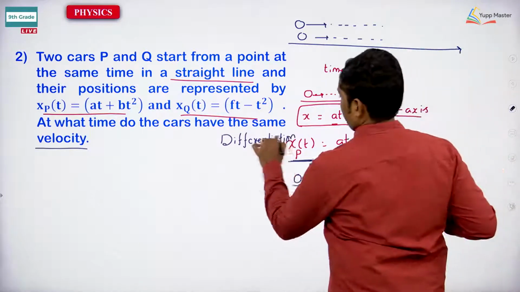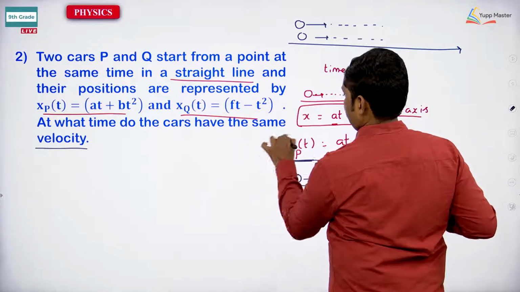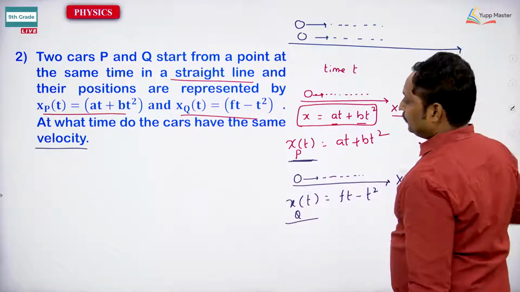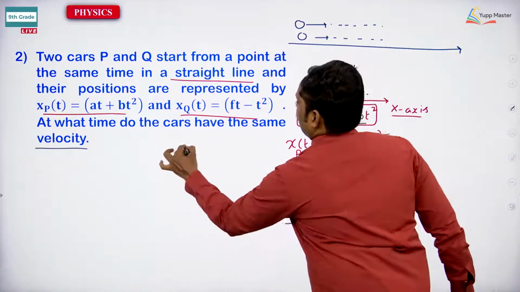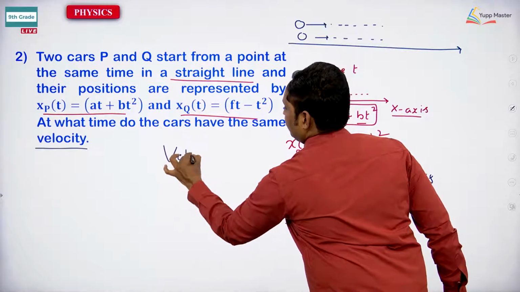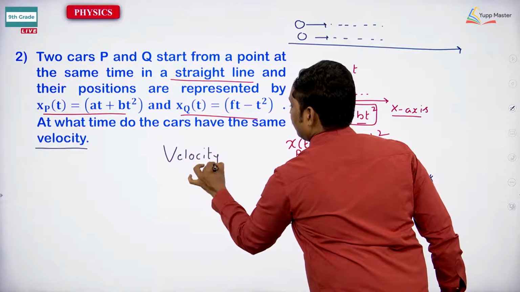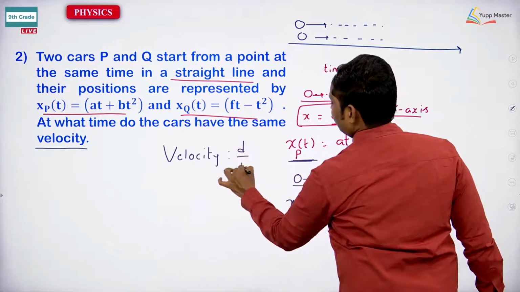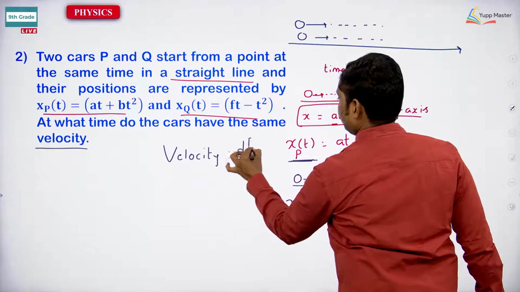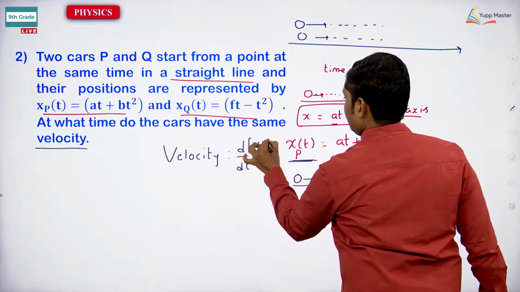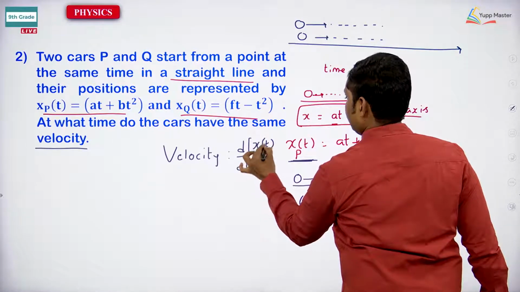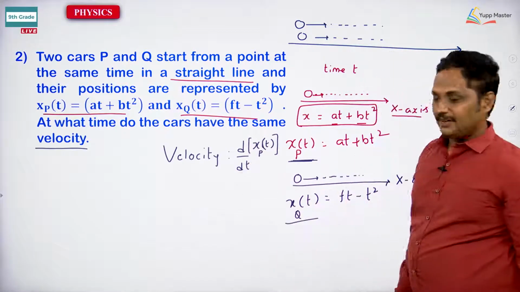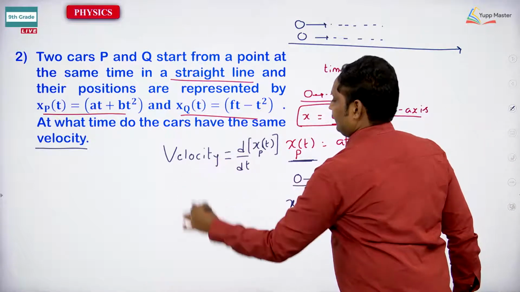Very clear. Now, you will find out that velocity is equal to d by dt of x of t for P. All right, it is very clear.